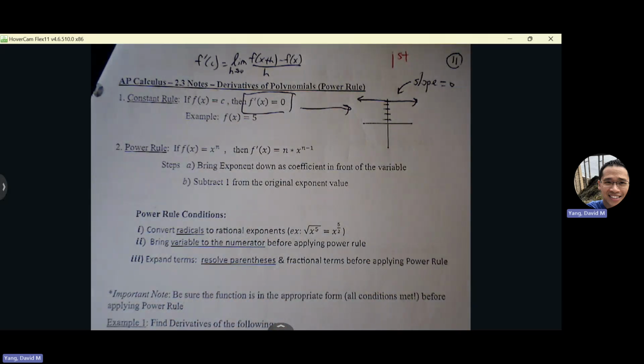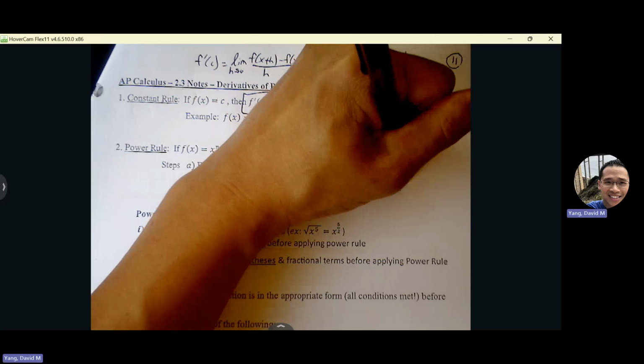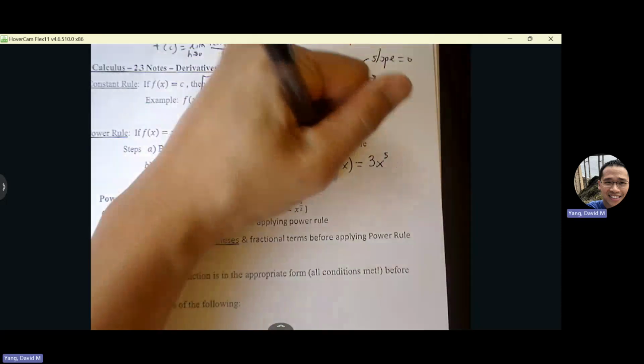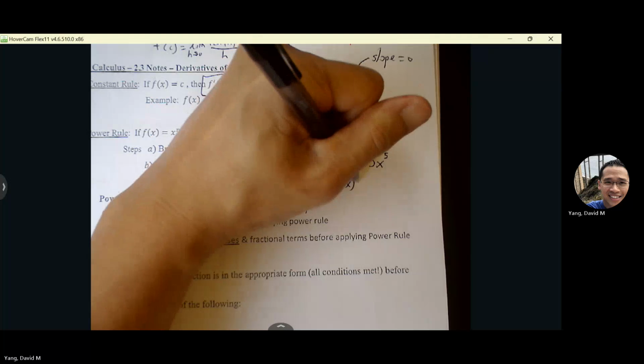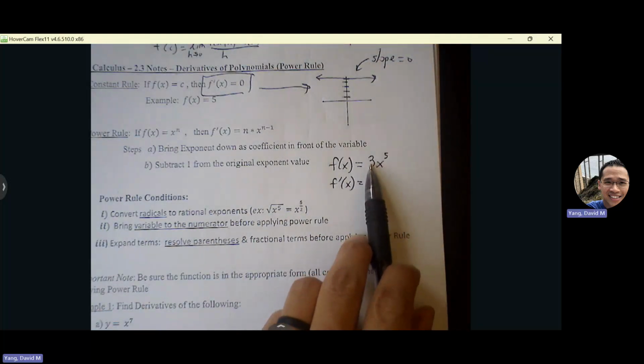Just a quick example here: if my function is 3x to the fifth, then my derivative f prime would just be what? Yeah, we bring the 5 down, we see the 3 in front, and we just multiply.